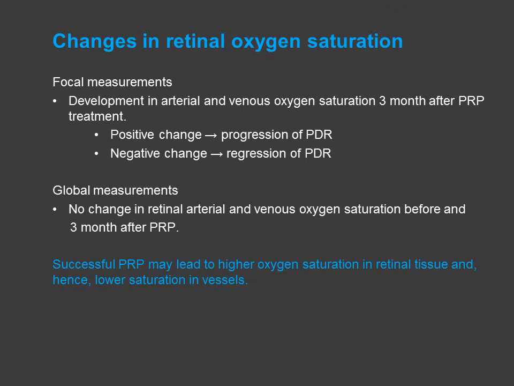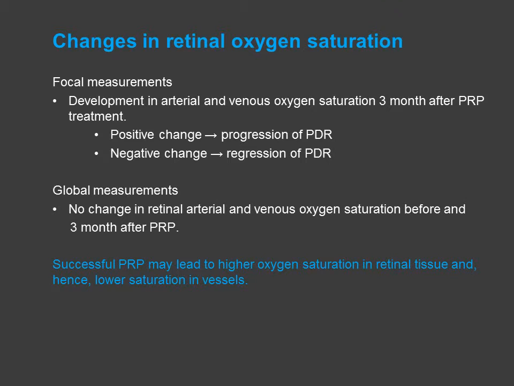Well, if we look at the focal measurements, a development in the arterial or venous oxygen saturations 3 months after, if there were a positive change or an increase in oxygen saturation, that predicted progression of PDR. And if it were a negative change or decrease, it predicted regression of PDR. If we had to be strict, the global measurements didn't show us anything, a small trend, that was all.